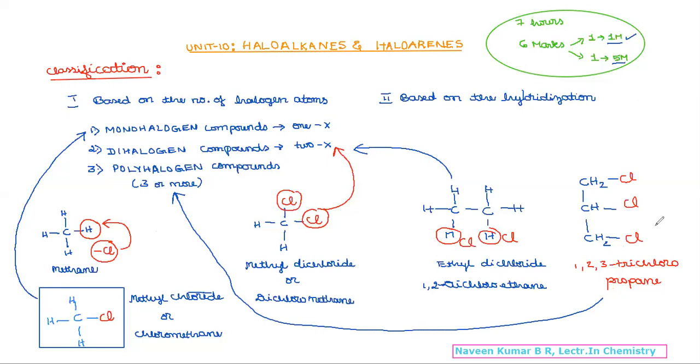Similarly, we can explain with aromatic hydrocarbons also. Now we'll observe 1 or 2 examples of aromatic hydrocarbons: a monohalogen haloarene, similarly a dihalogen compound of haloarene, and a trihalogen compound of haloarene.